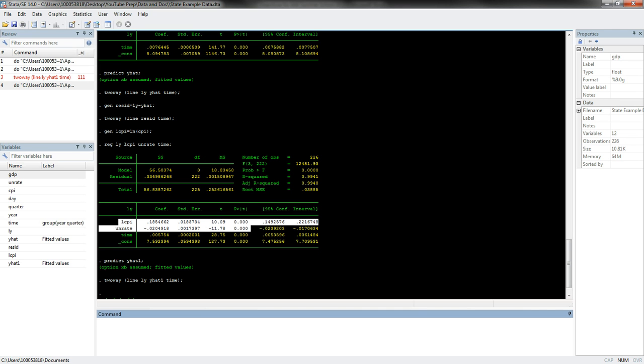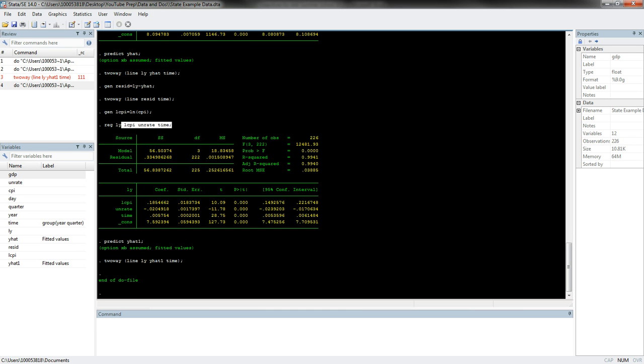To do that, we can just use the test command. I ran the regression, and my regression is still in memory since this is the last regression that I ran. So I can just type in test, and then I want to test the two variables that I had. So I can go LCPI and UN rate.